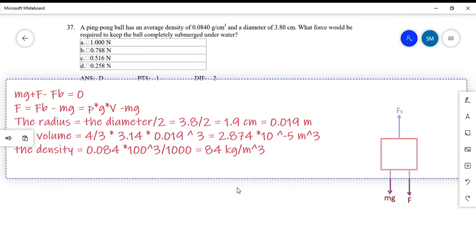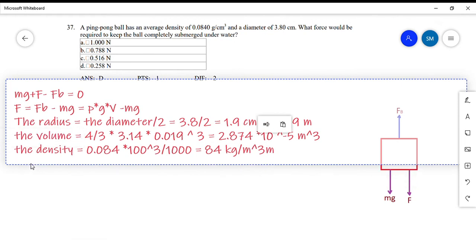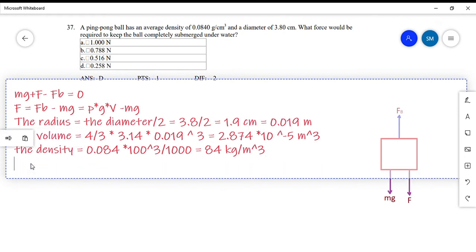Here we have the volume and the density, so we can simply calculate the mass. The mass is simply the density times the volume. So the density is 84 times the volume, which we just calculated, 2.874 times 10 power negative 5.